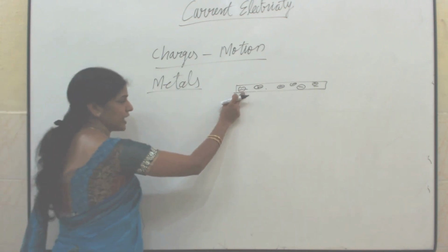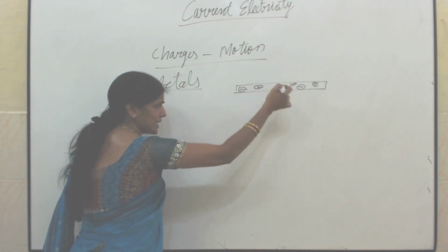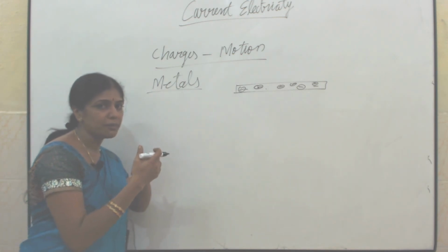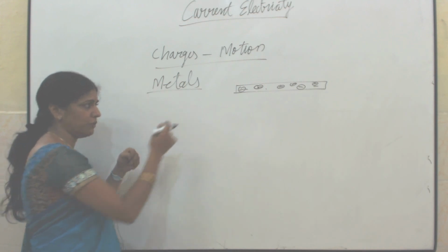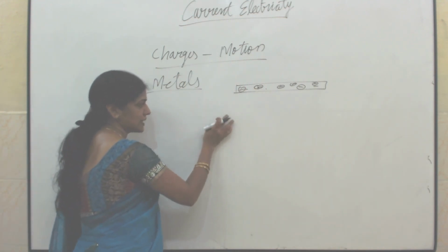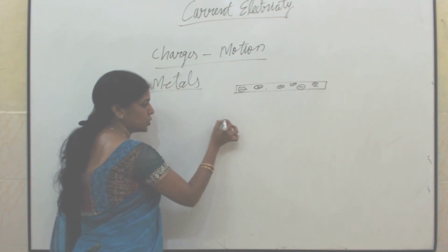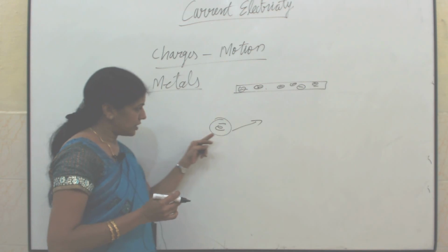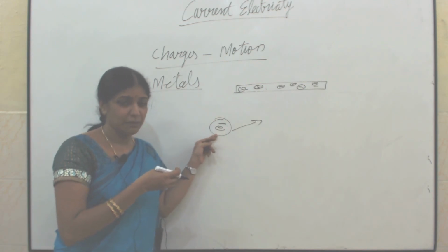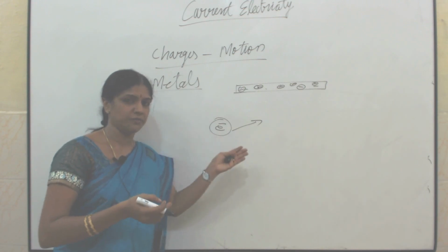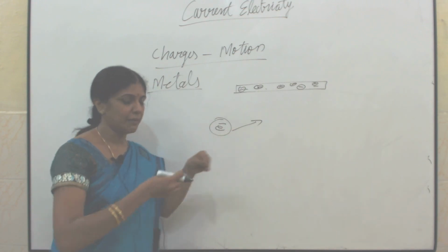So the electrons are moving like this. When they move inside the conductor in a random manner, they will collide with the positive ions. For example, this is the electron, and it is going to collide with a positive ion. It has some speed because it is not bound to the nucleus. It is totally free of the atom, so it moves in a random manner.